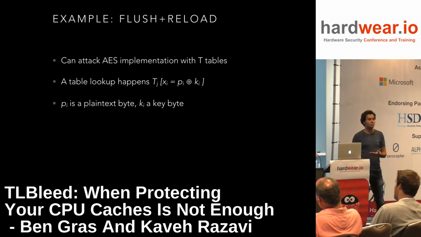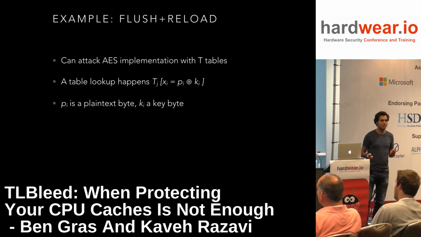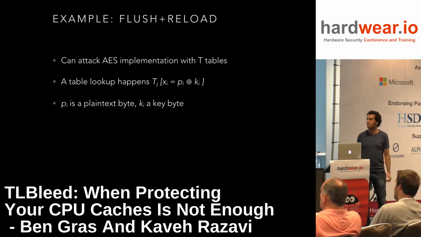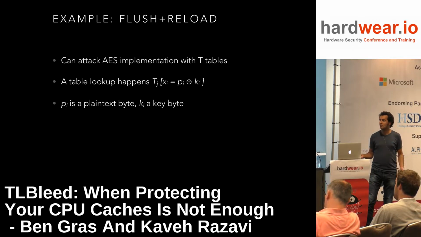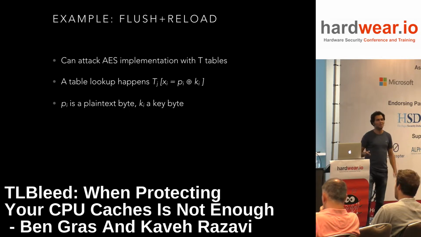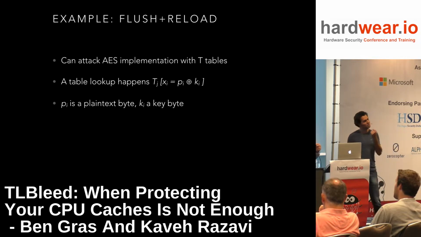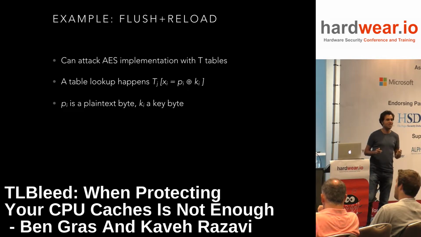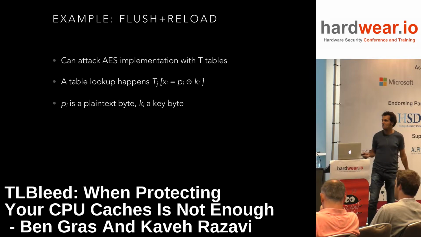You can use this, as I said, to attack a cryptographic implementation. Here, for example, assume an AES implementation that uses T-tables. I'm using a lot of words that you may not understand, but the only thing you need to understand is that the attacker just tries to understand whether this table has been accessed or not.